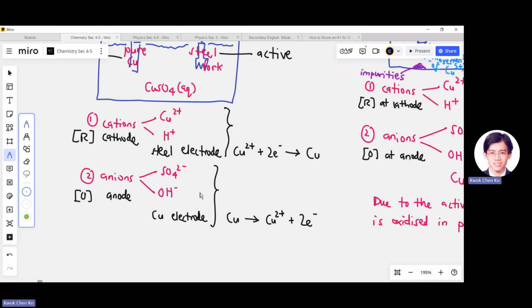Actually, I don't need you to think about that because it doesn't matter. For this case, copper 2 plus still wins. I don't have to think about the electrode that much. So I can simply say that copper 2 plus gets discharged based on the normal rules. Okay, nothing new here.